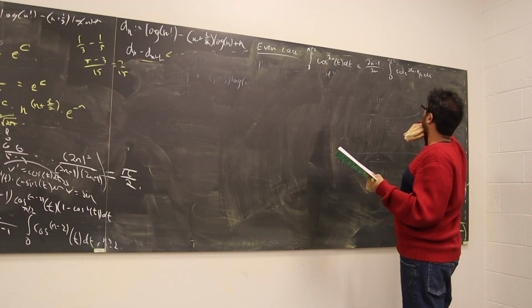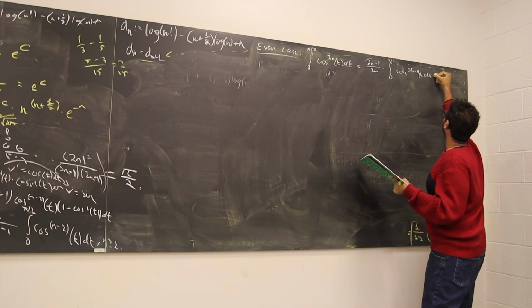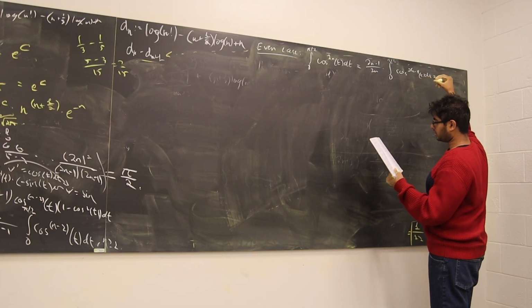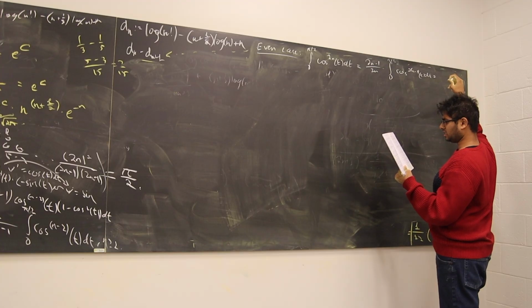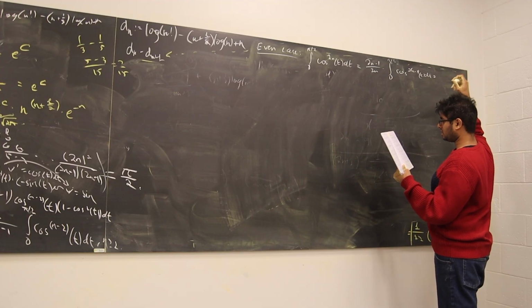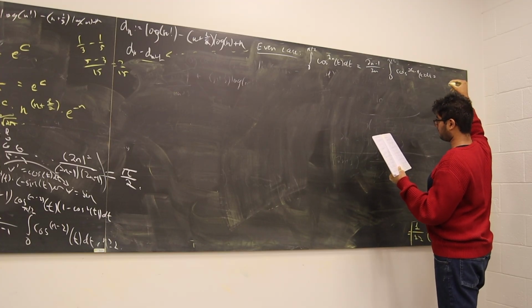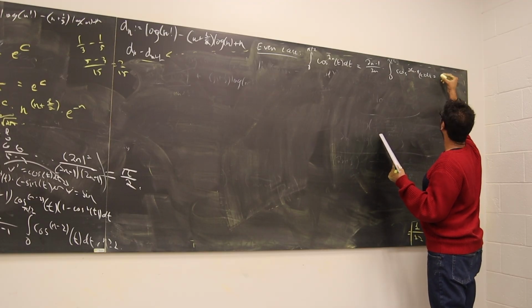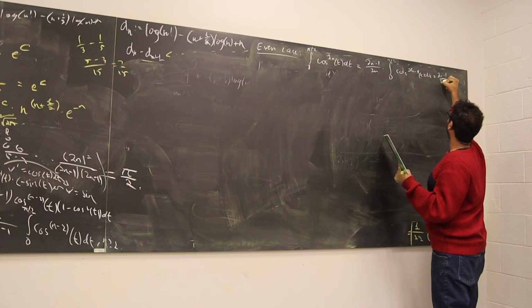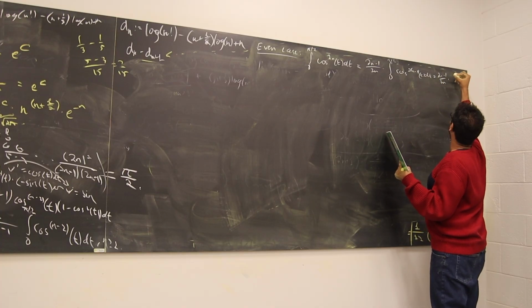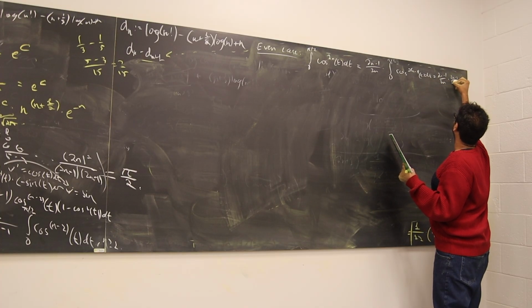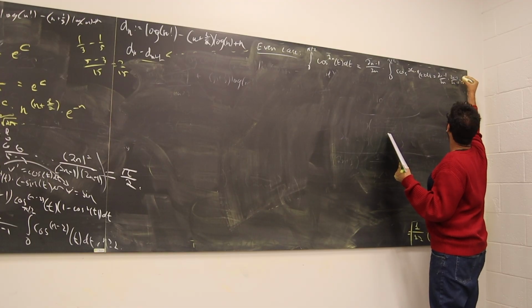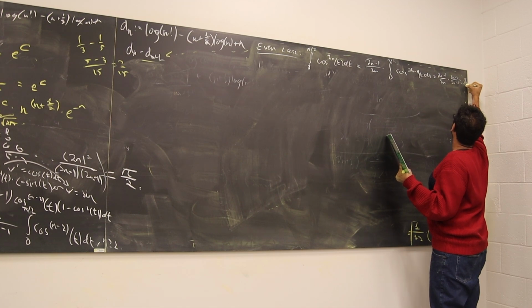So you just keep doing this over and over, and eventually you get the product, yikes, you get 2n minus 1 by 2n times 2n minus 3 over 2n minus 2 times dot dot dot 1/2 the integral from 0 to pi over 2 of cosine to the 0.